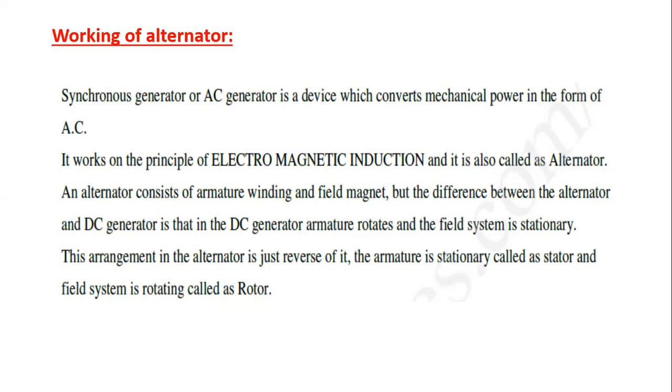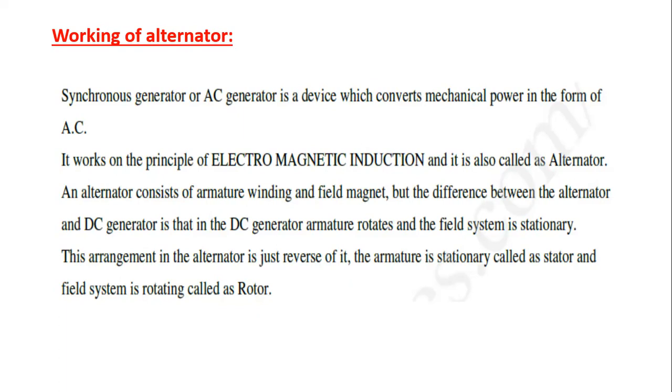Because of the relative motion between the magnetic field and the armature conductors, an EMF is induced, according to Faraday's law. Understand? That is the basic difference between the DC generator and the AC generator.